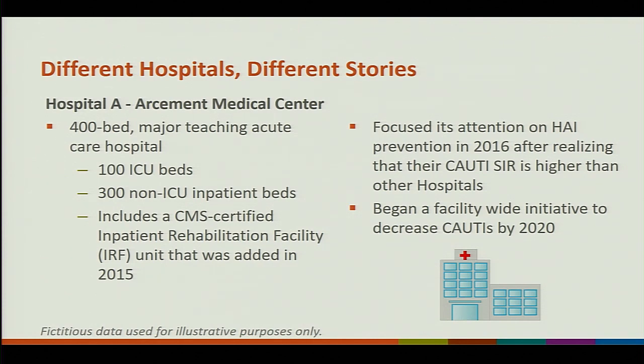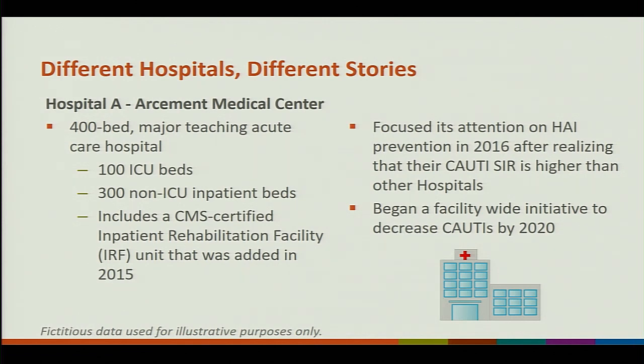So, Hospital A, no bias here at all. Hospital A, Arcement Medical Center, a 400-bed major teaching acute care facility, 100 ICU beds, 309 ICU inpatient locations. It's going to include our IRF facility, which was added in 2015.